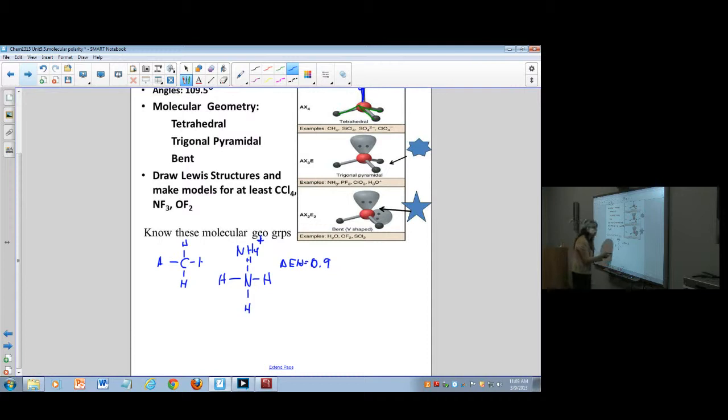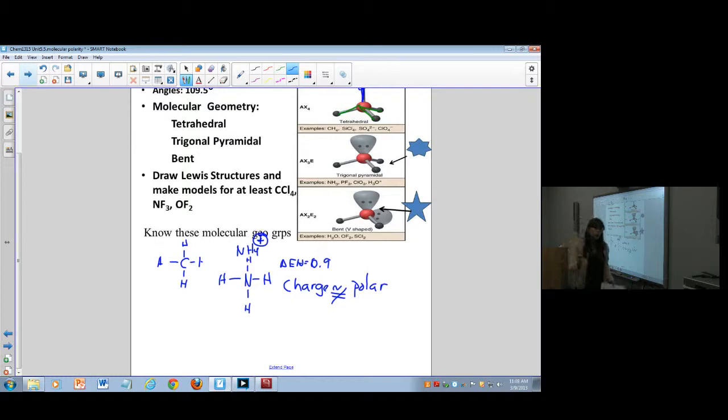What I wanted you to note here is just because there's a charge does not mean it's polar. All right, so that's an important point to remember.